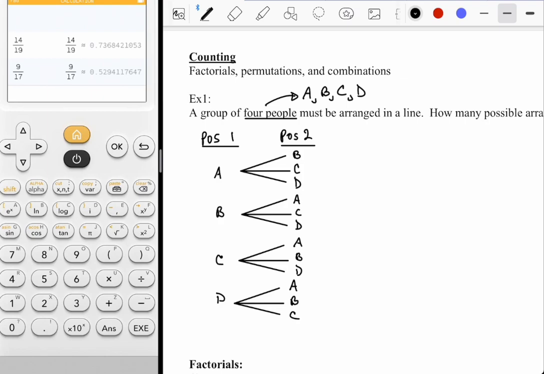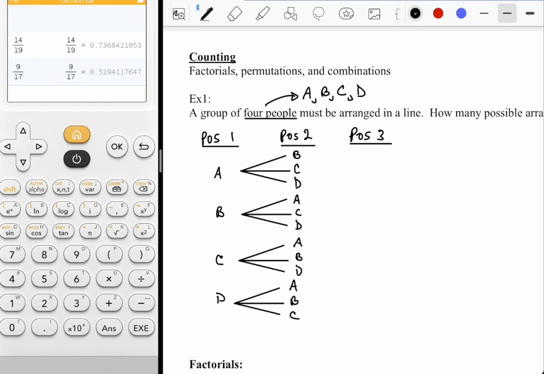All right. Now you can see how it's getting a little busier in terms of the look of the picture, but we are getting fewer and fewer possibilities as we go position by position. All right, so position 3, well, we could follow the trend for position 1 and 2.